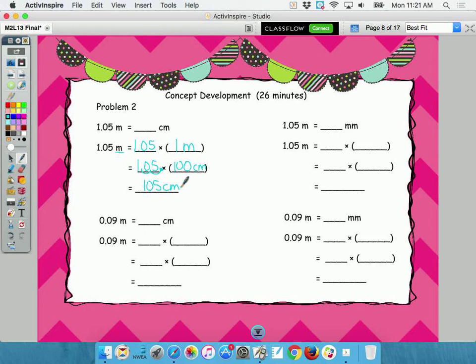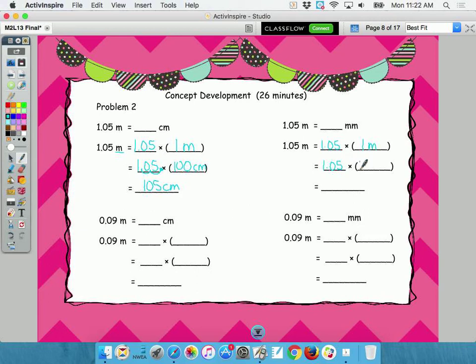Okay, let's try it on the next one, but instead of centimeters, what is it? Meter. So 1 5/100 meters times 1 unit. What is 1 unit? 1 meter. 1 5/100 times how many millimeters are in a meter? 1,000.